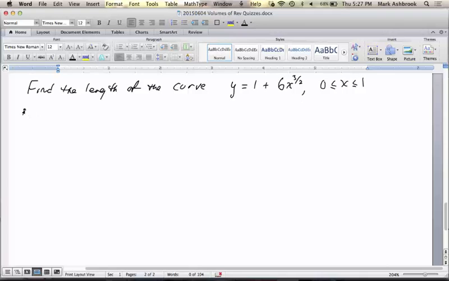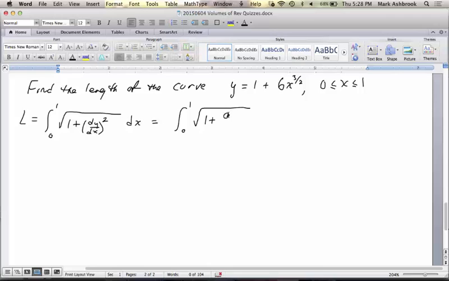Okay, so our curve length is the integral from 0 to 1 of the square root of 1 plus dy/dx squared, dx. And what is dy/dx? Which is what? 18 halves, 9x to the 1/2.